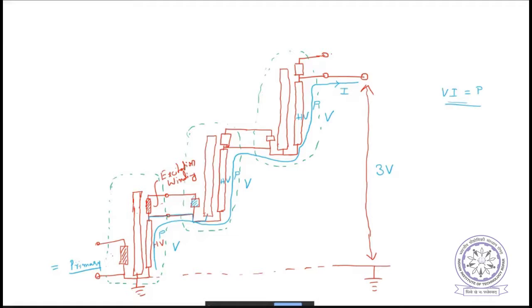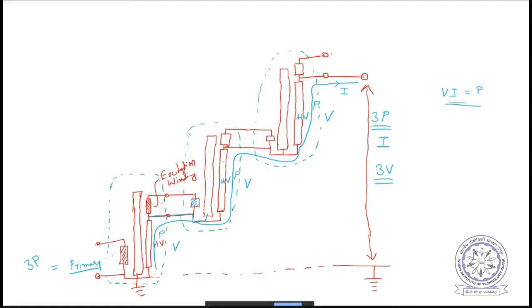Ultimately, power is coming from the primary of the first transformer only. Are you getting or not? Yes, sir, it will be 3P. So this is the output power 3P actually, at a voltage level of 3V and current is I. So ultimately you are getting the same power from the primary. So this must be 3P.